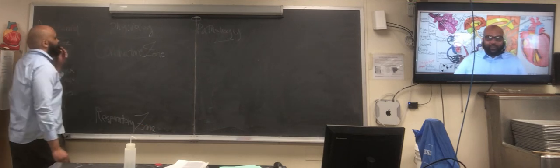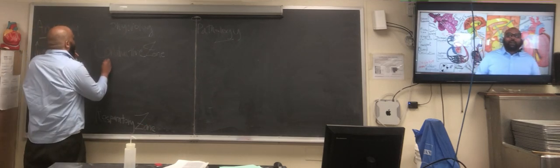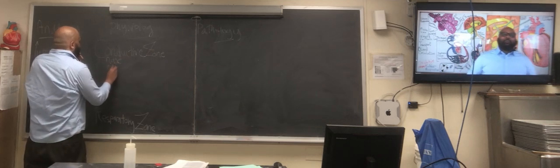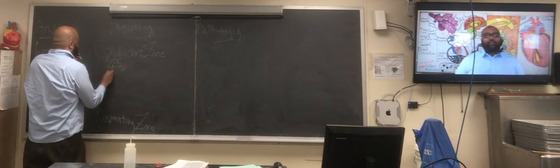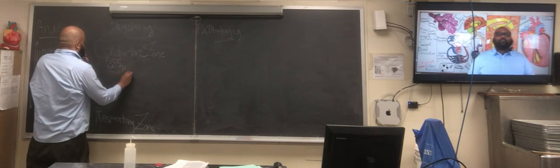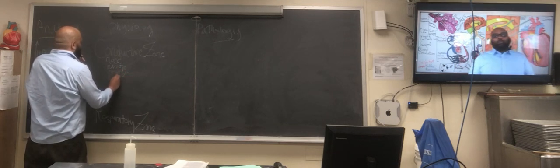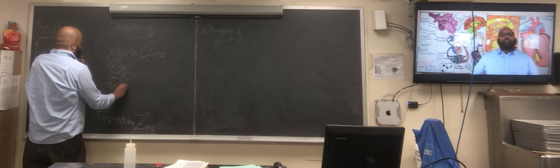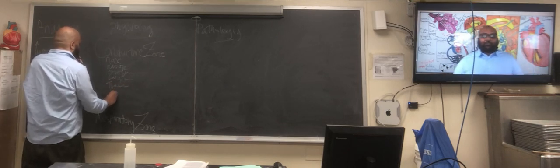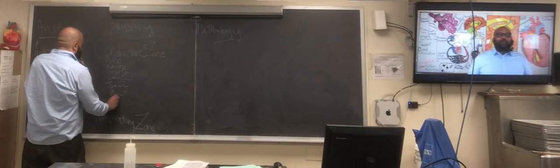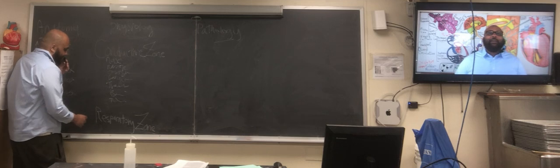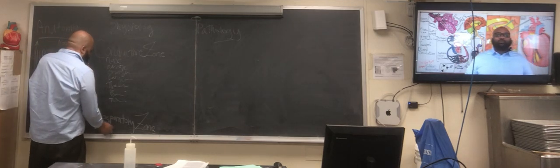And it's very interesting that the conductive zone includes everything from the nose, passing by the nasopharynx, the oropharynx, the laryngopharynx, passing through the trachea, the bronchioles, the terminal bronchioles. All of that is just the conductive zone. And in the end, we have the respiratory zone, and that is just the alveoli.